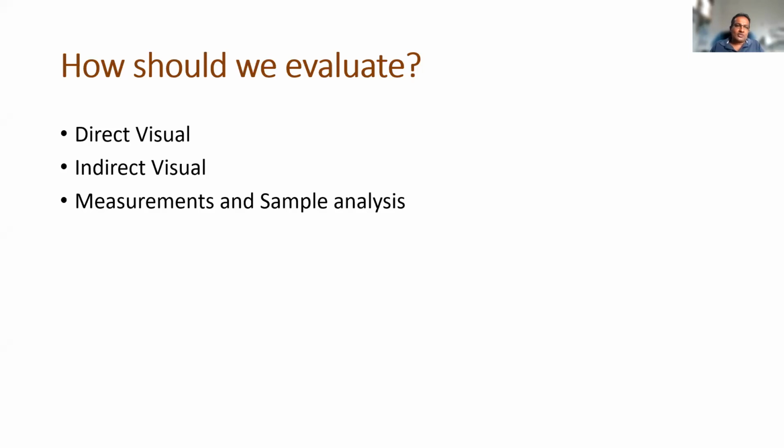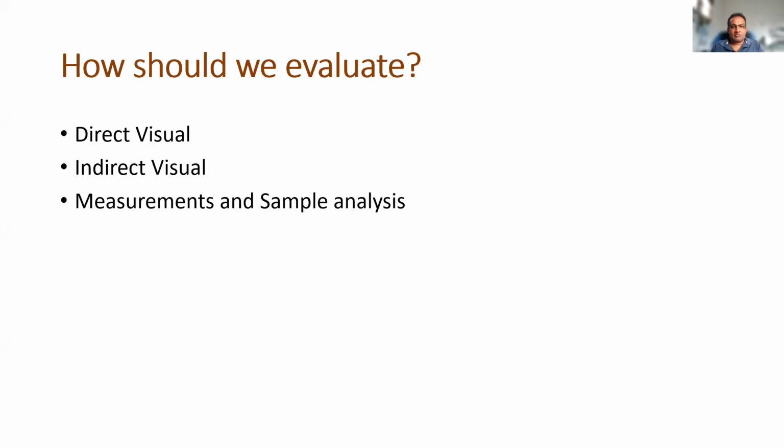And you can, of course, directly measure the soil properties using various instruments. Or maybe you can take samples to the laboratory and do the rest of the analysis. So the last one, measurements, will give you numbers, right?